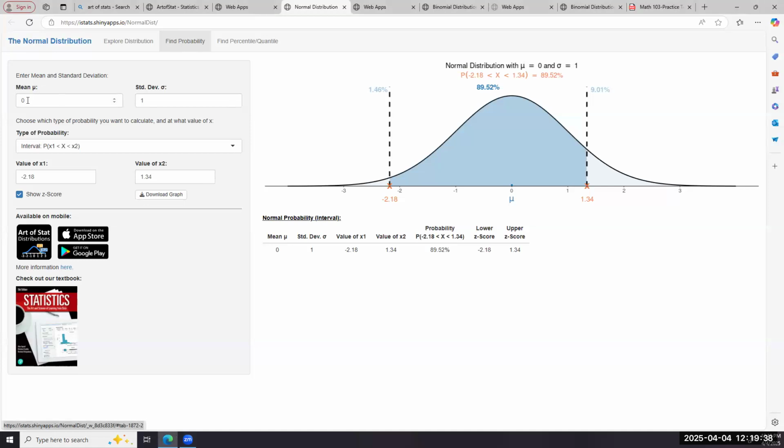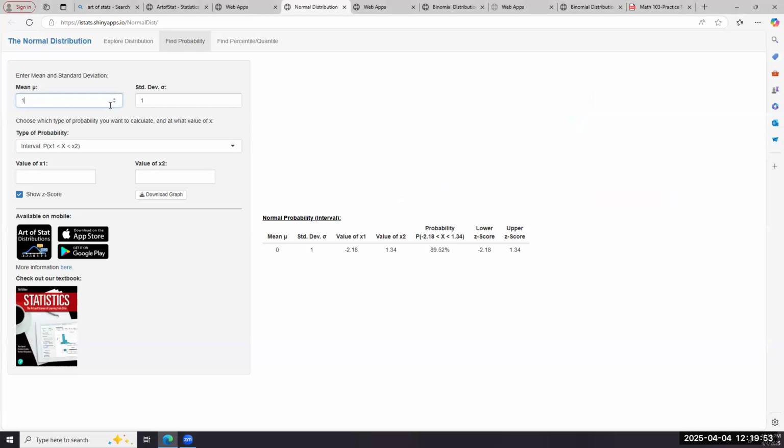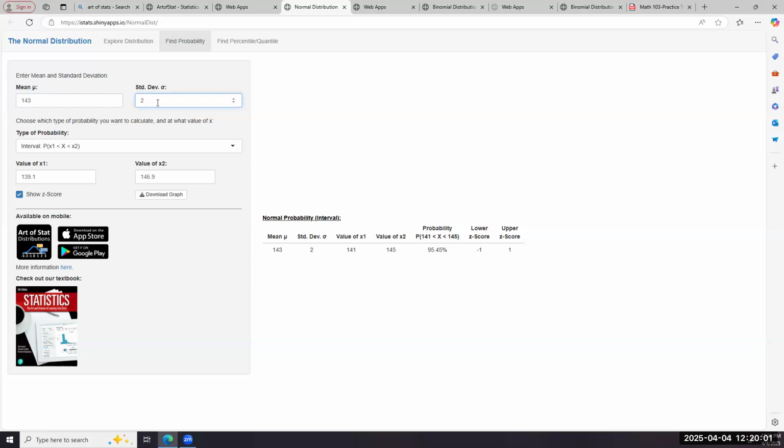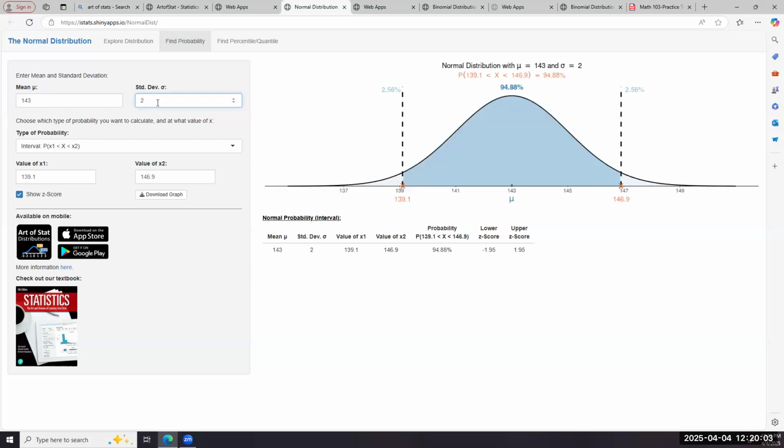The mean is not zero, because when you change it to the Z, the mean is zero. But since we just stay with the X, you have to put the mean here. The mean for this problem is 143. Make sure you change it. The standard deviation is 29.